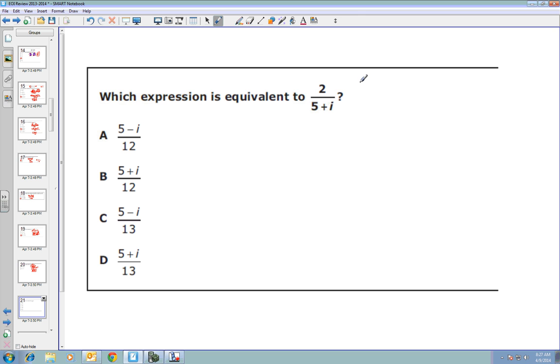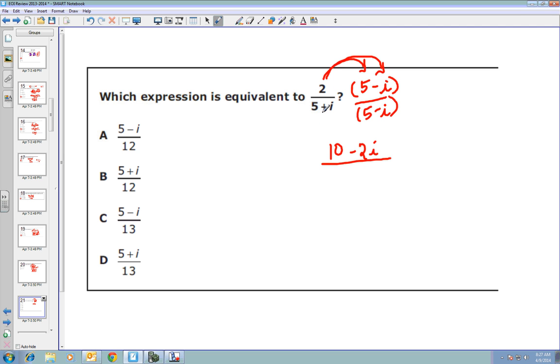So we have to multiply the top by its conjugate. 5 minus I on top and 5 minus I on bottom. When we distribute this out, then it's going to get rid of it. So 2 times 5 on top, that's 10. 2 times negative I, that's minus 2I.